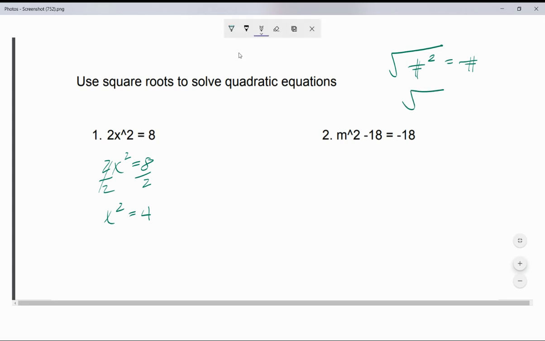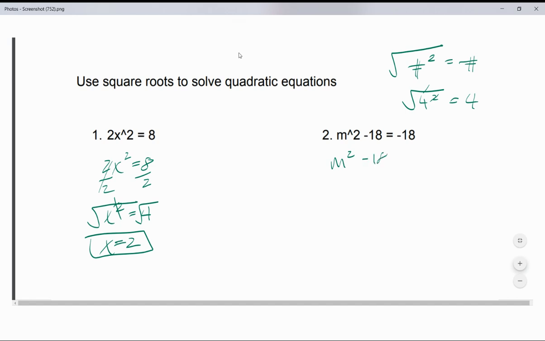So for example, the square root of 4 squared will just be 4. The square root is canceling out the square exponent, right? Does that make sense? They're canceling out. Since there's an equal sign, we need to do the same thing on the other side as well, which means x equals 2, right?